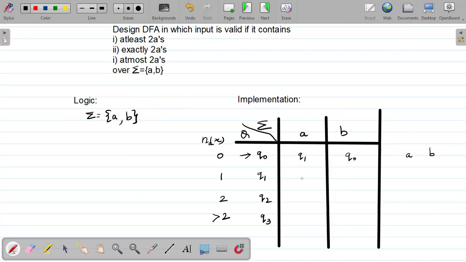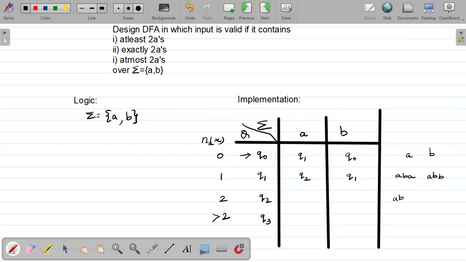Q1 is a state where already one a is present. Another a comes in, so there are two a's and we go to the state Q2. Again, a, b is present with one a; b comes in, so we get a, b, b and the number of a's remains 1.